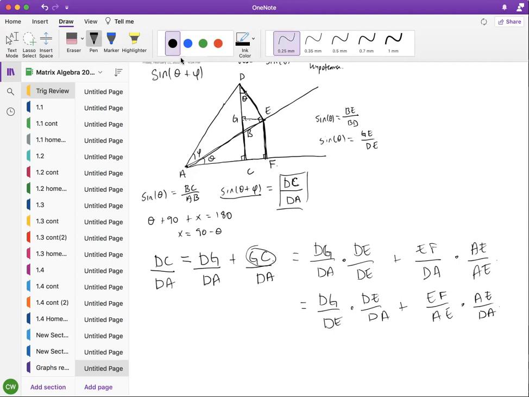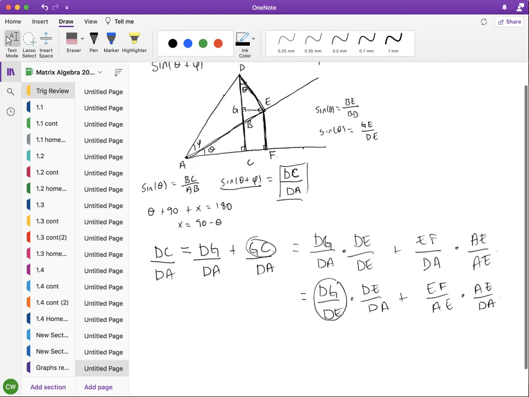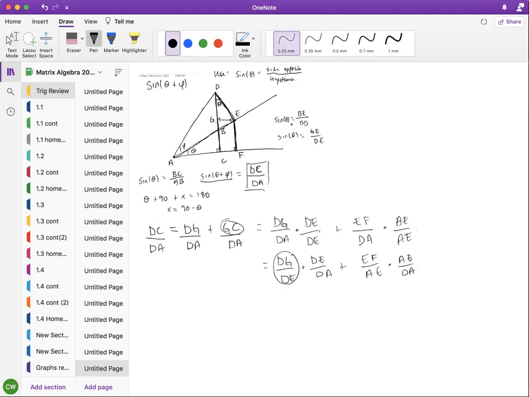Why do we do that? Because each of these ratios, for example DG over DE, are ratios of sides in a triangle. Taking this angle here, theta, DG divided by DE is the cosine of theta. DE over DA is the sine of phi.